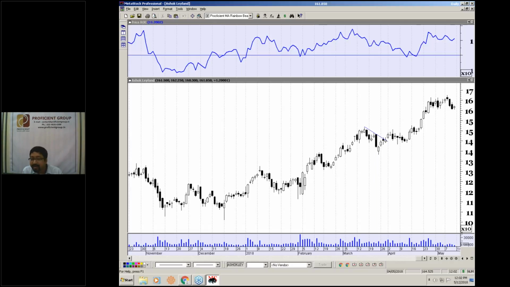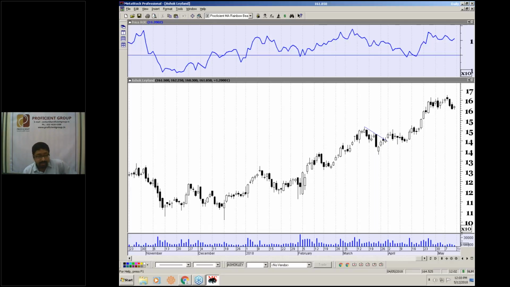Past week when Nifty gained a lot, Ashok Leyland actually retraced. But this retracement or pullback is very healthy for this kind of uptrend, and chances are very high that the previous uptrend will be resumed.